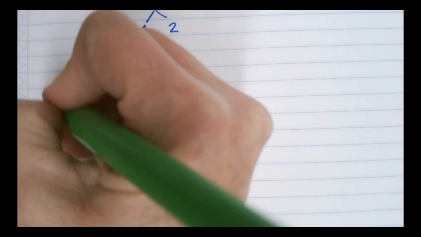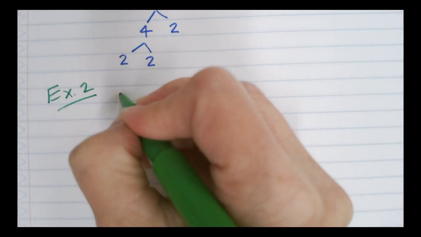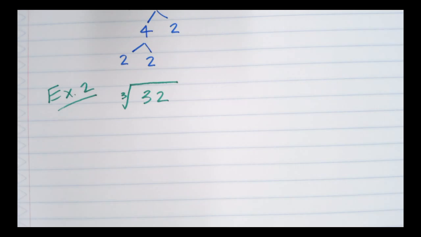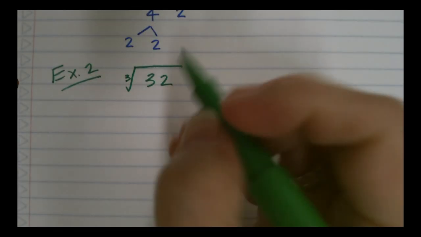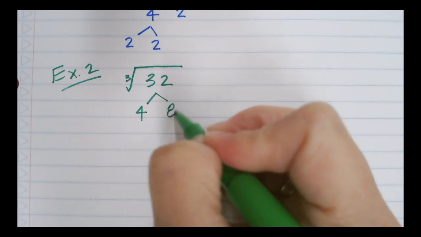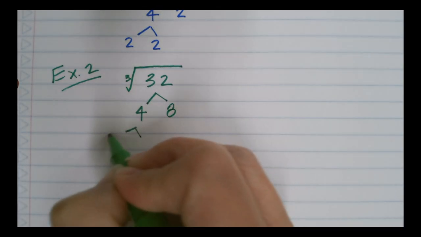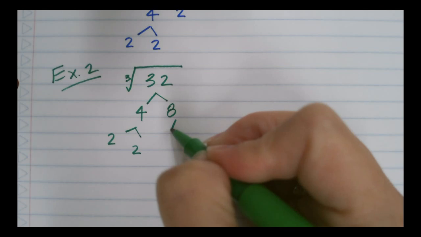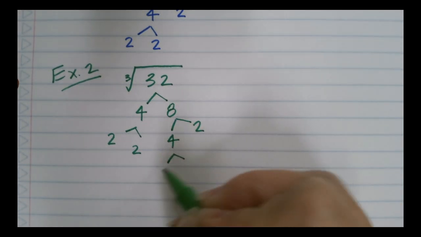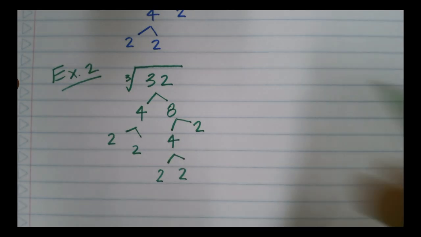All right, example 2. Let's say we had the cube root of 32. We're going to start breaking this down. We could say 4 and 8. That's going to be 2 and 2. This is going to be 4 and 2, and that's going to be 2 and 2.